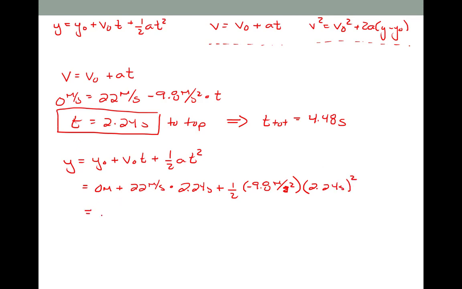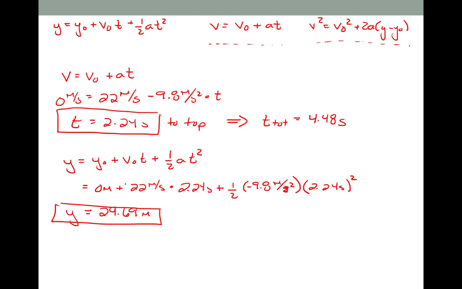Putting that into the calculator finds that the ball travels upward 24.69 meters. I have now answered all the parts of that question.